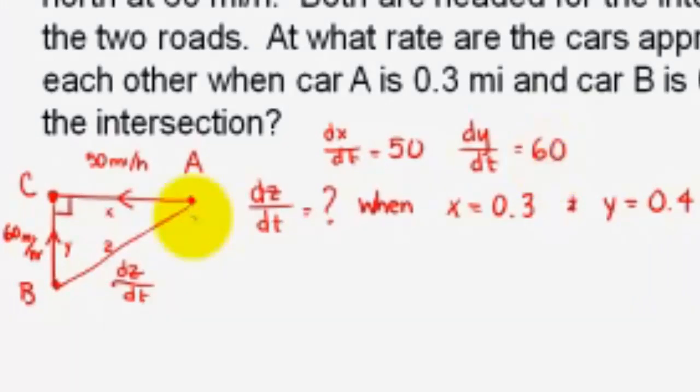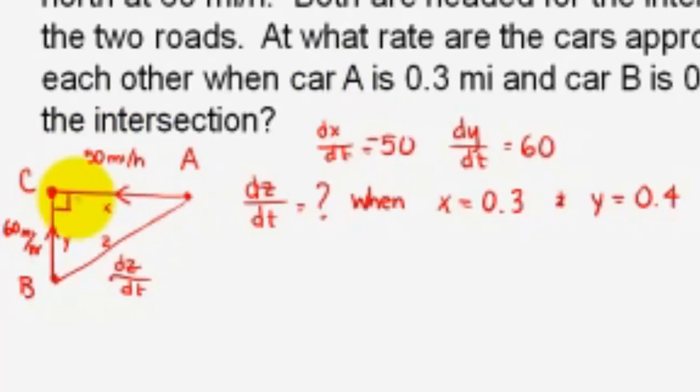We are saying how far A is away. We want to know when x equals 0.3. It's going to start at greater than 0.3, and it's going to get less and less over time, meaning that this rate of change should be a negative number, since my x values are getting smaller over time.